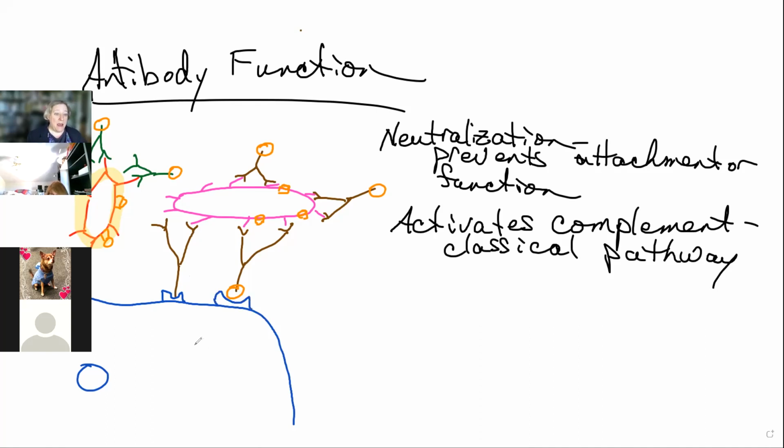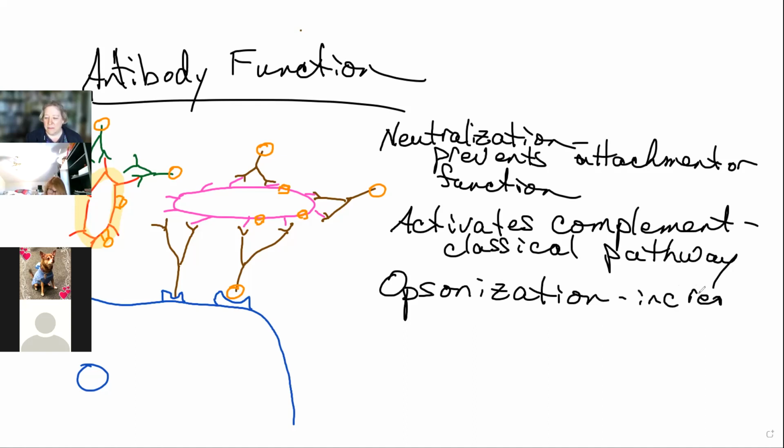Either way, it allows the macrophage to get a hold of the pathogen and phagocytize it. And we call this increased ability of a macrophage or a dendritic cell, or any other phagocytic cells, to swallow down pathogens, opsonization. So that is increased phagocytosis.